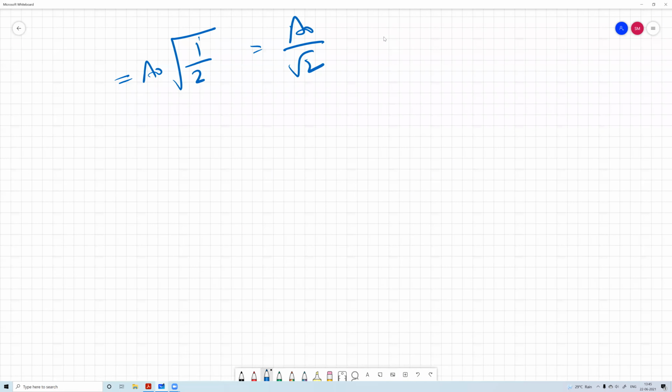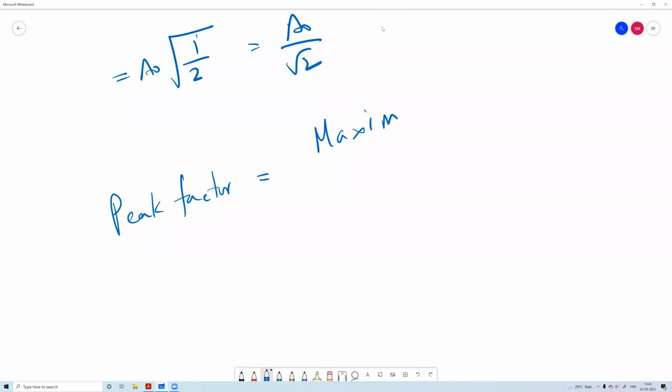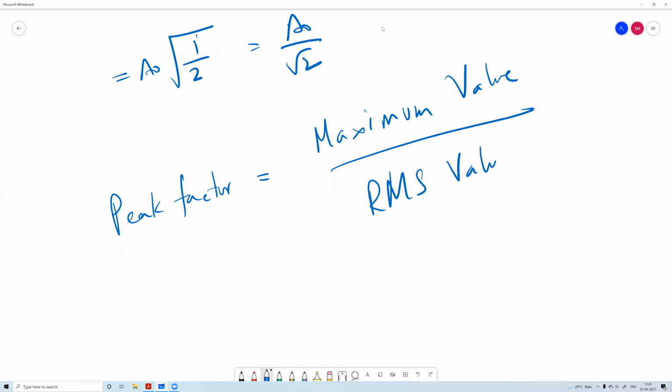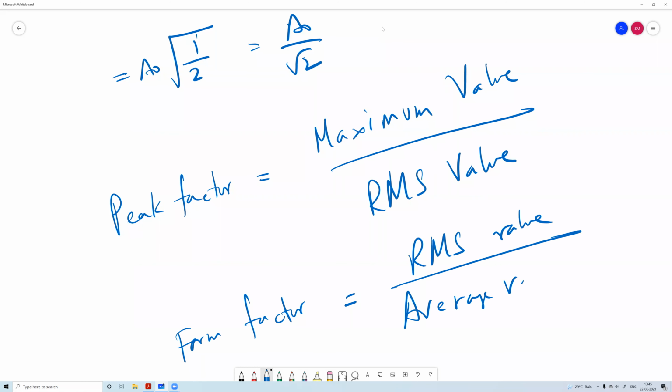Peak factor is defined as maximum value by RMS value, and the second one is form factor, which is defined as RMS value by average value. So what is the peak factor for the wave we just discussed?